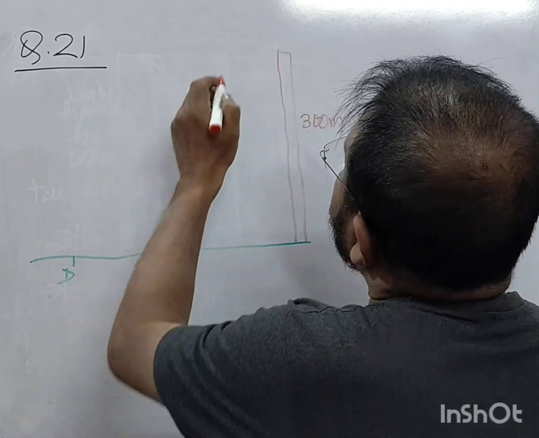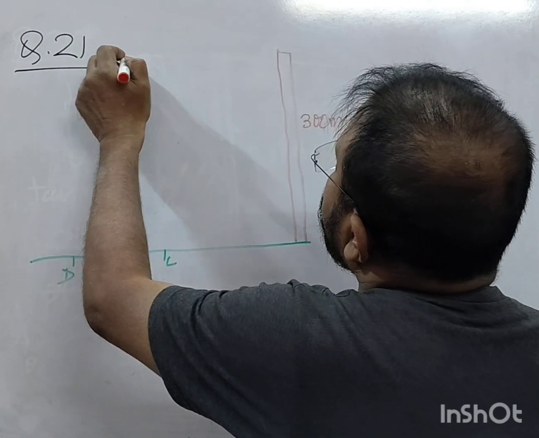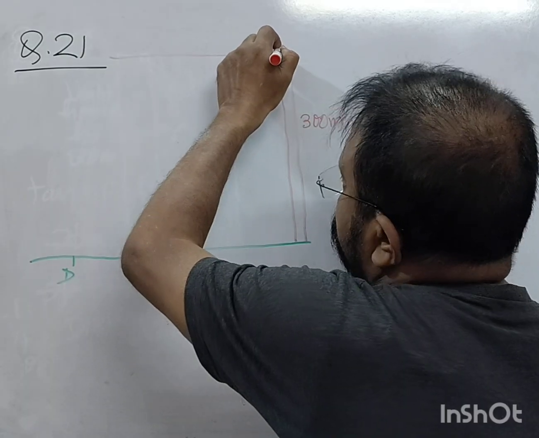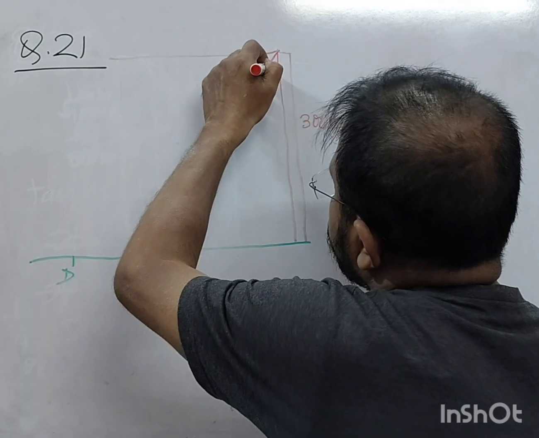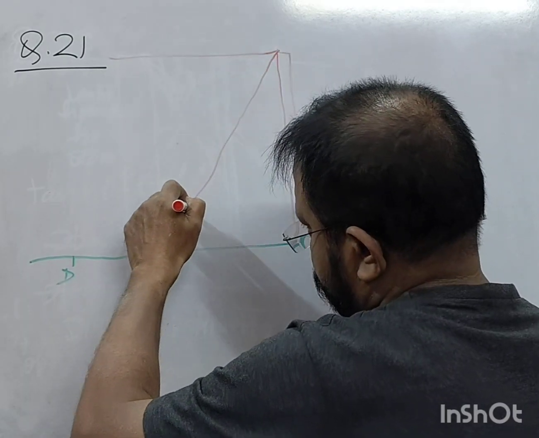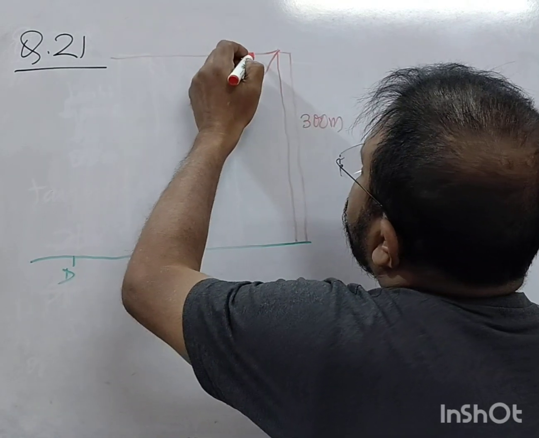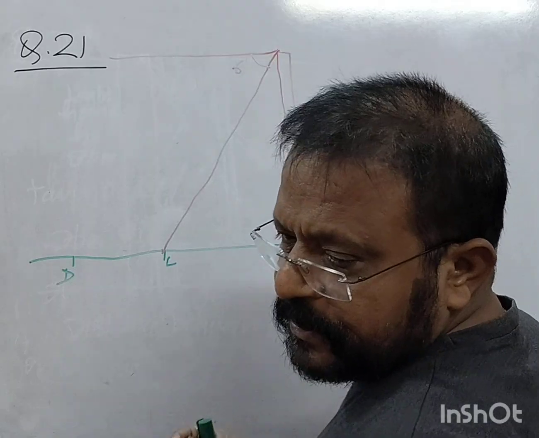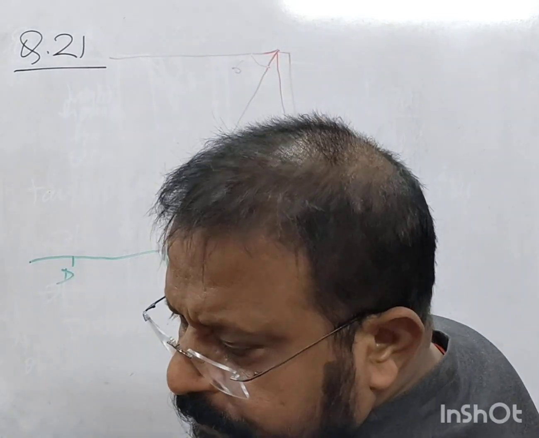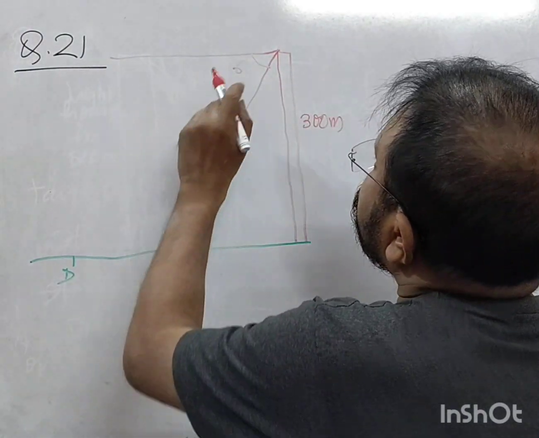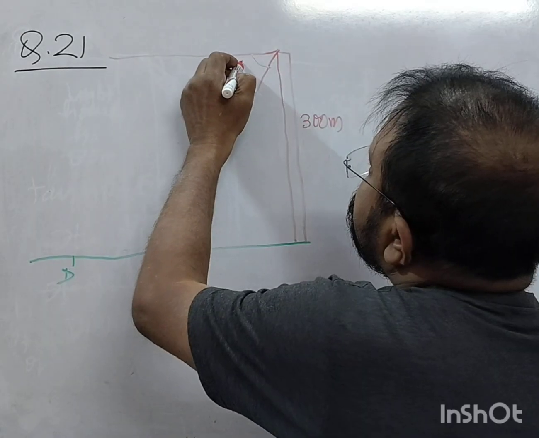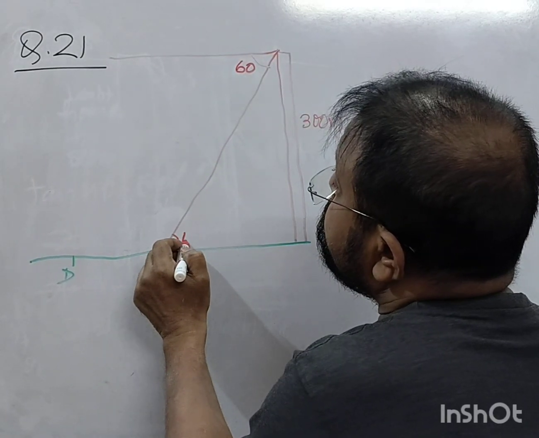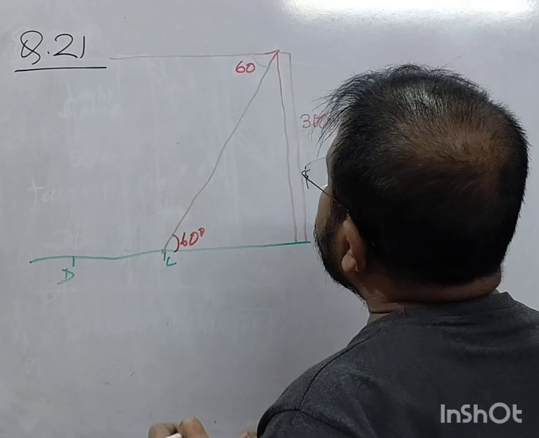Now angle of depression from this point is 60 degree. Angle of depression is 60 degree. So this will also be of 60 degree, right?